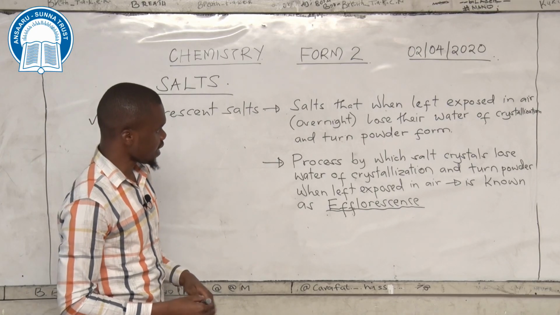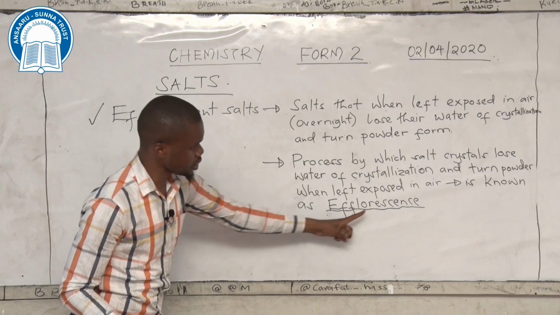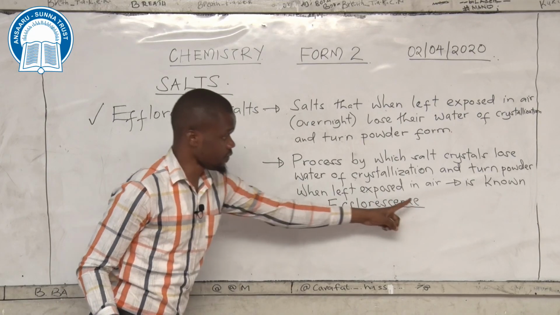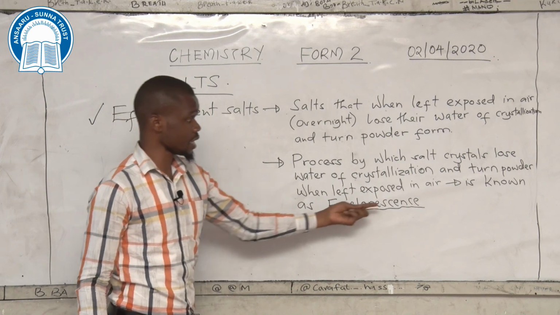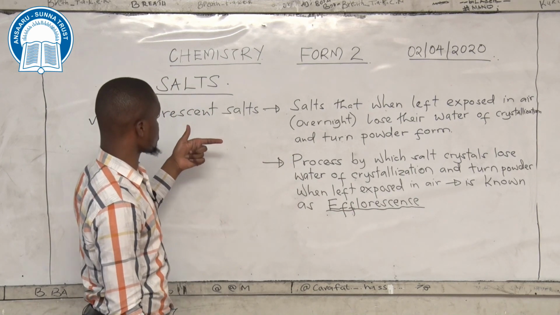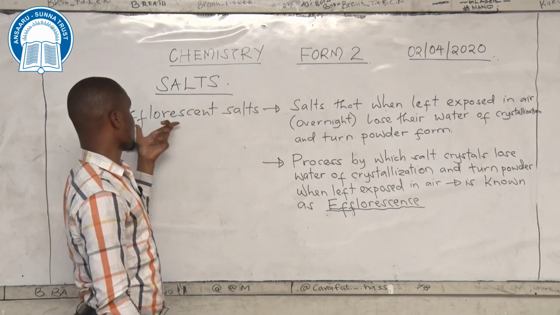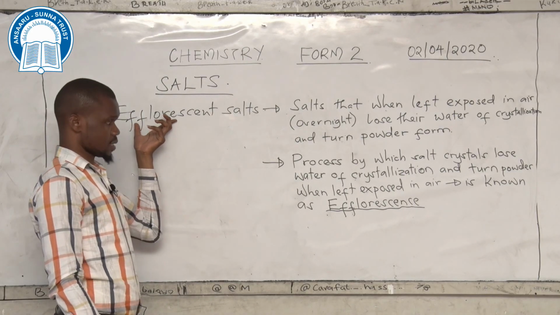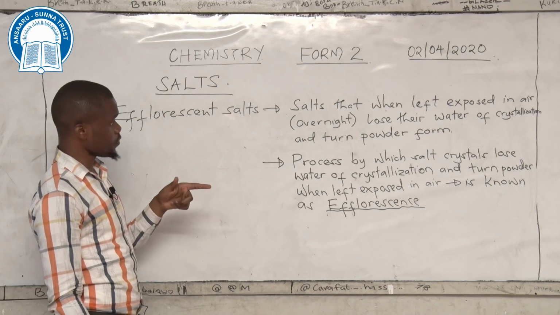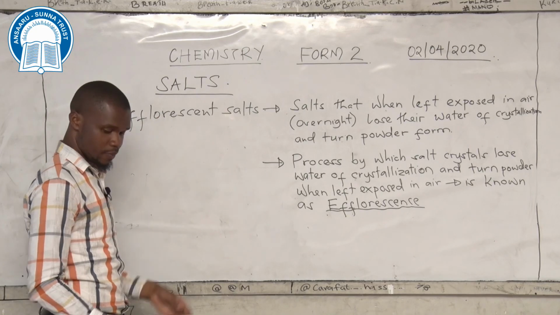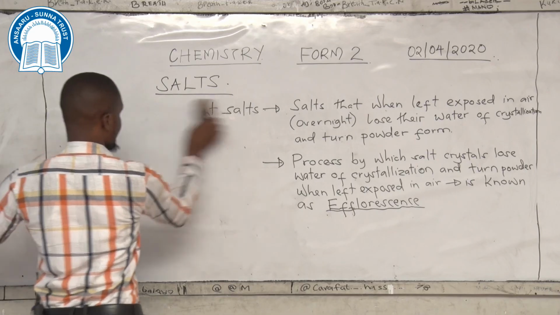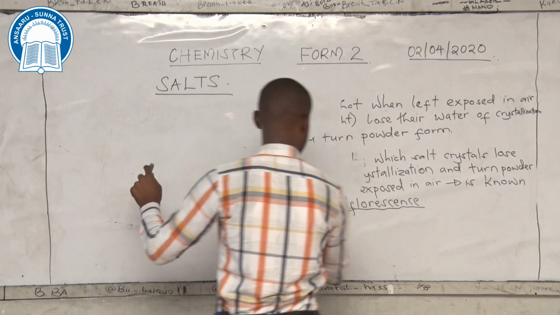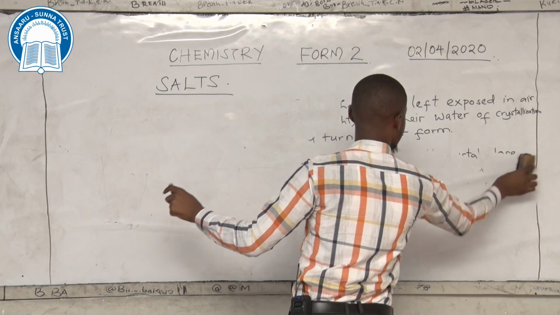So as learners, we should be careful to note that when we are asked about the process, we say efflorescence, and when you're asked about the salt, we talk about efflorescent salt. And if you're asked about property, again, efflorescent property. That is all about the properties of salts that makes us categorize the salts into three.